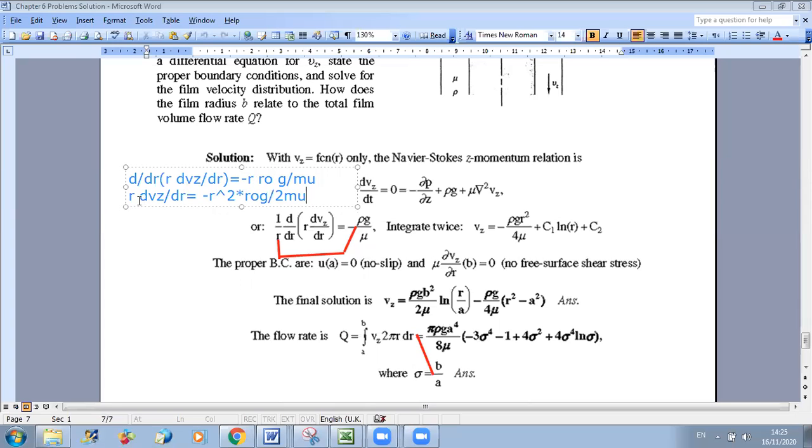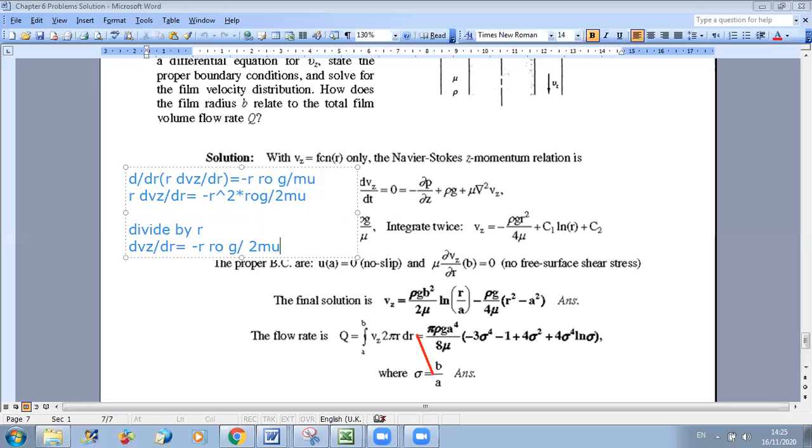Now, before doing the second integration, the r that is here, we will take it to the other side. So we divide the whole equation by r, and I get that dVz by dr is equal to minus r times rho times g over 2 mu.